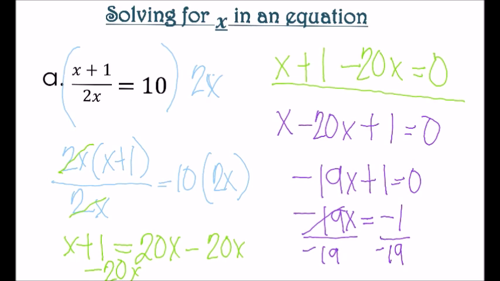And then we cancel, of course. We will be left with x equals negative 1 over negative 19. Negative divided by negative, that is positive. The value of x will be 1 over 19.